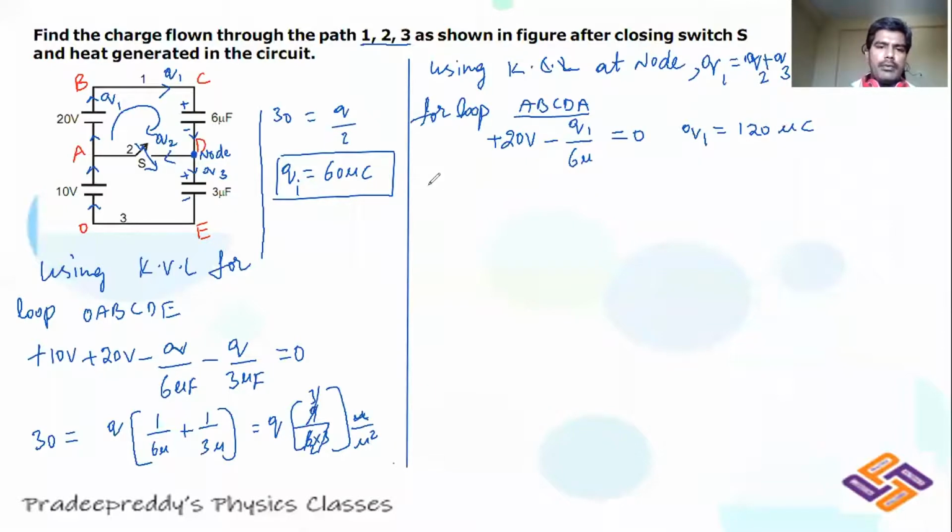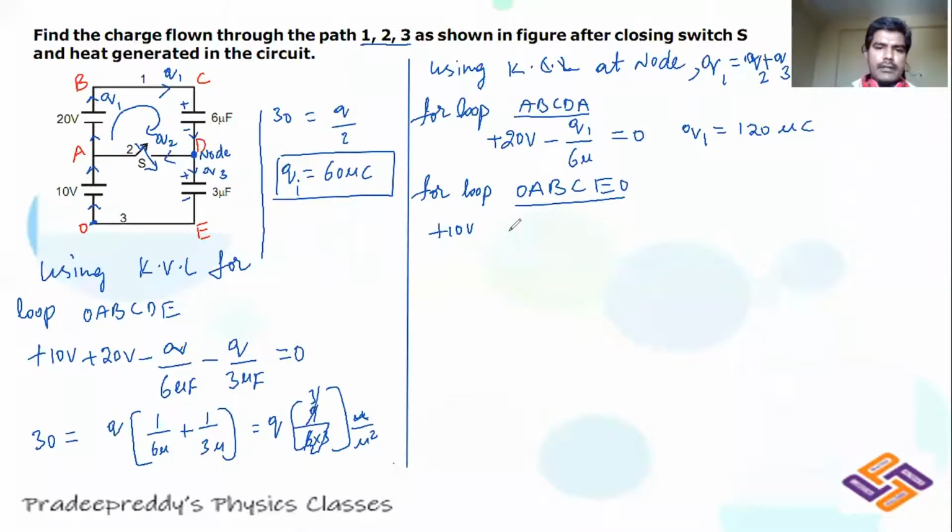Next take another loop. You can take this total loop O, A, B, C, E, O. Right? Now for this total loop, I'll start from O because this is the point where I am starting with. I'll write it as plus 10 volt.